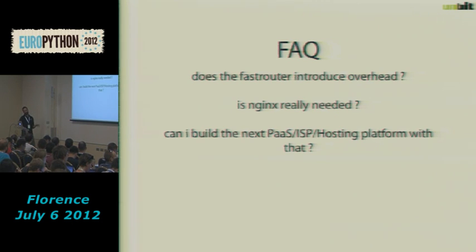That one is the uWSGI-speaking one, but you have a Fastrouter speaking HTTP, so you can put it directly on the internet and let it manage requests. But I would be foolish to push it so early on such a product. You still need nginx, and nginx will always be more versatile than any Fastrouter I can develop.